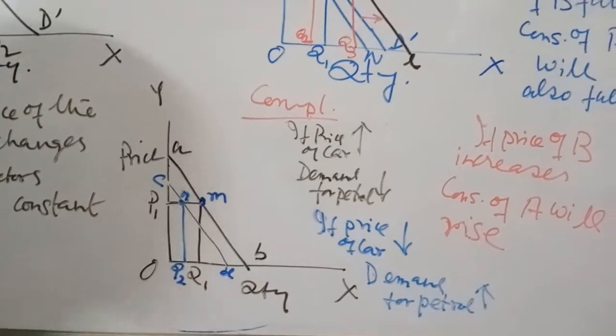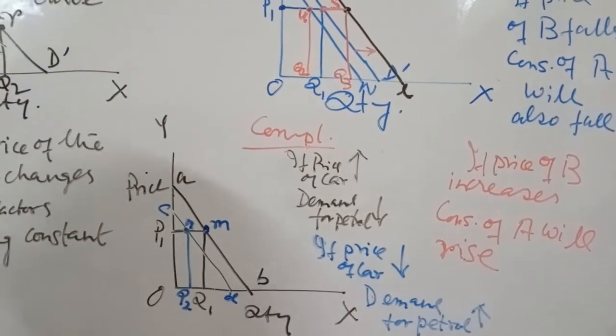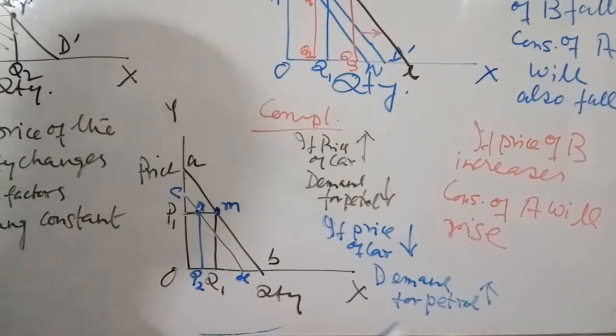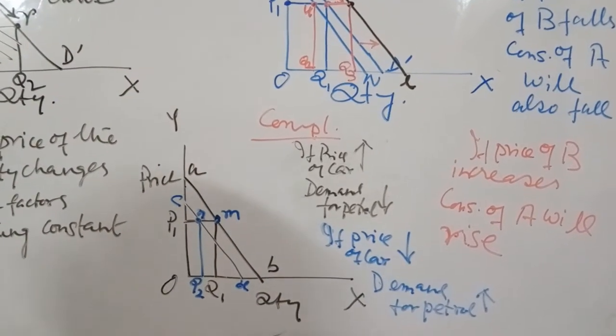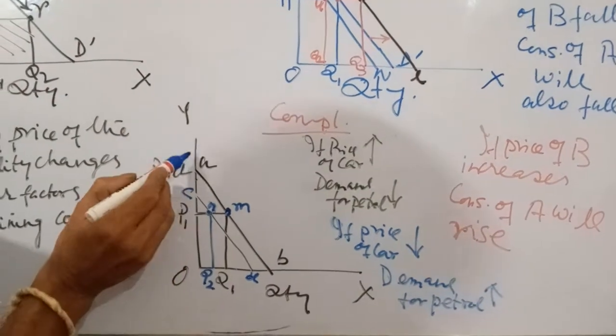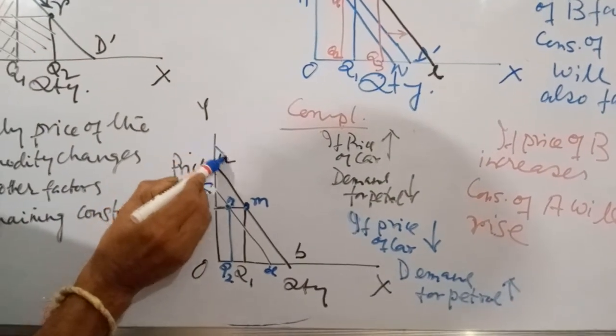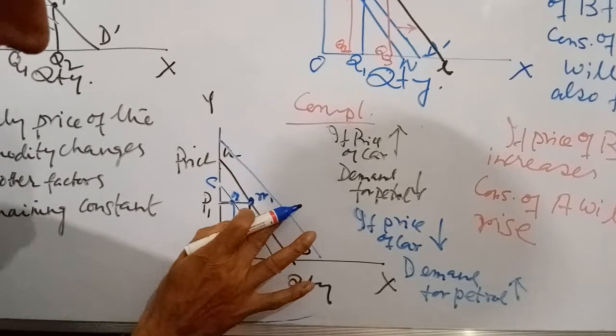As a result of increase in demand for car, demand for petrol will also increase. So if price of car falls, the demand curve of petrol will shift parallelly rightward.